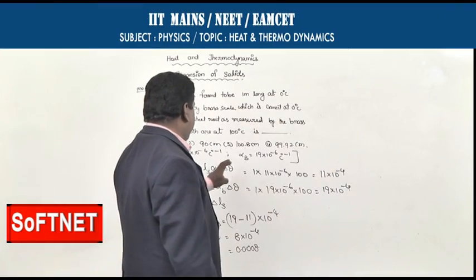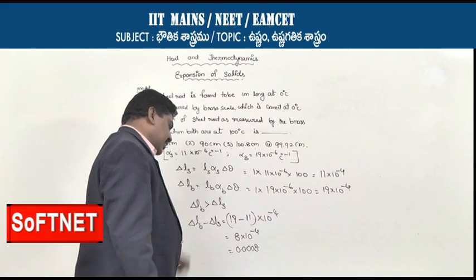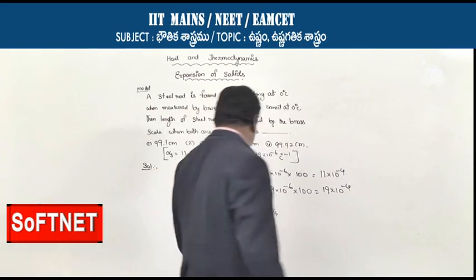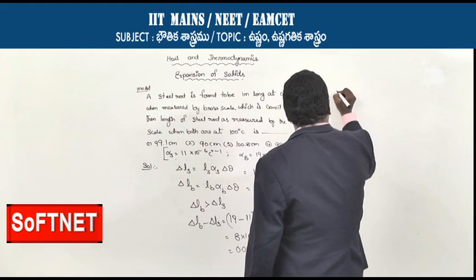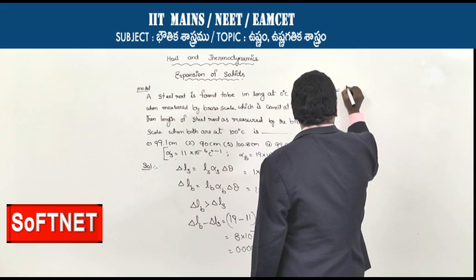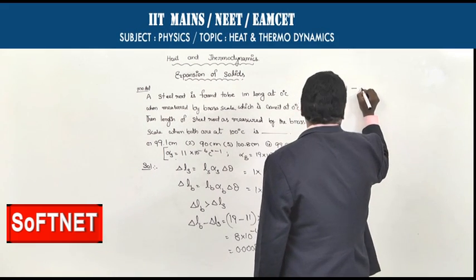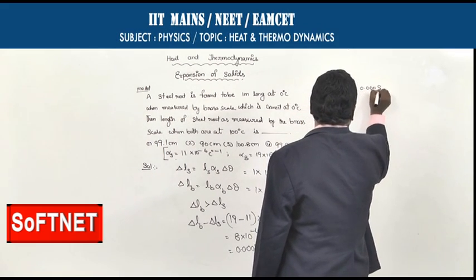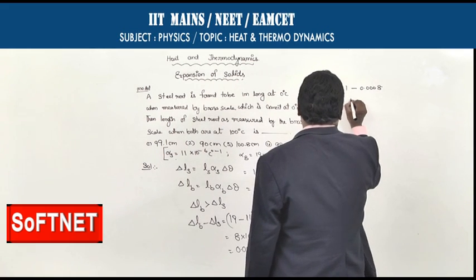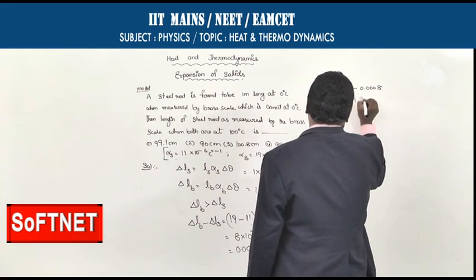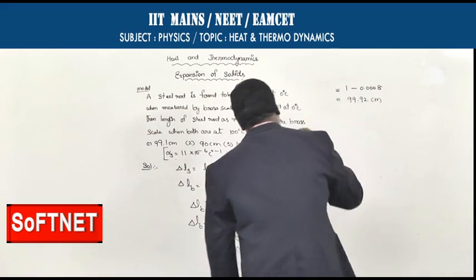Here alpha B is greater than alpha S, therefore the reading of the scale equals 1 meter minus 0.008, which we obtain as 99.92 centimeters, which is our fourth option.